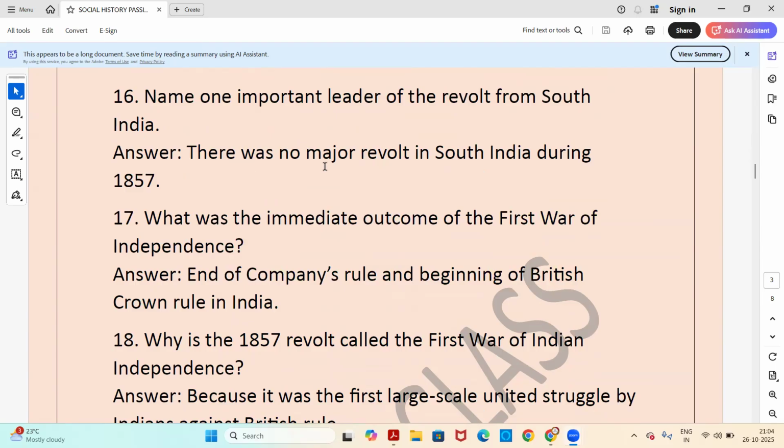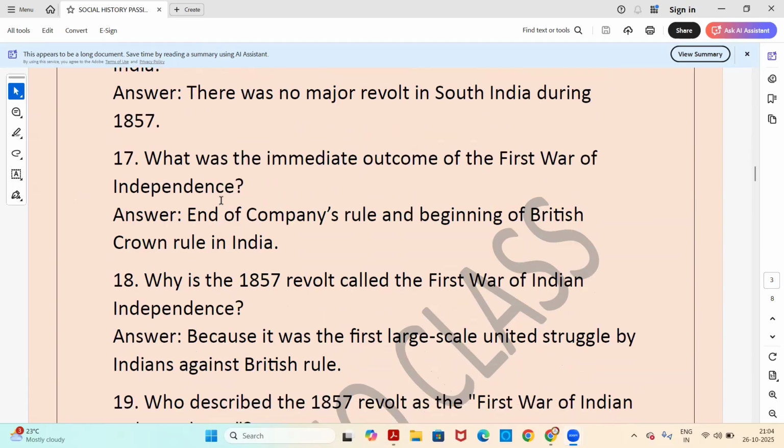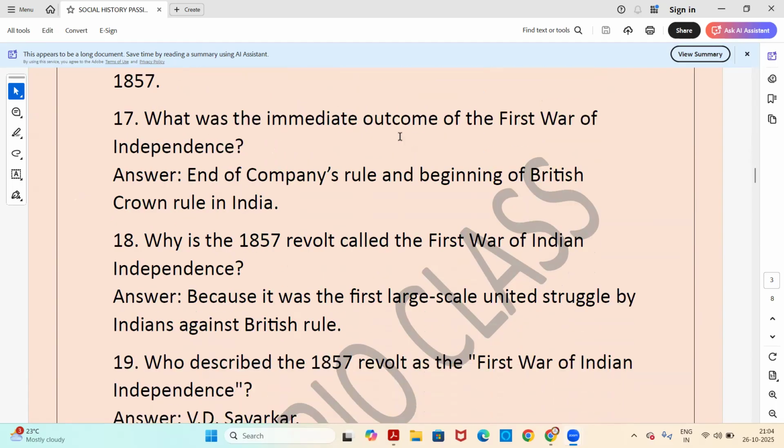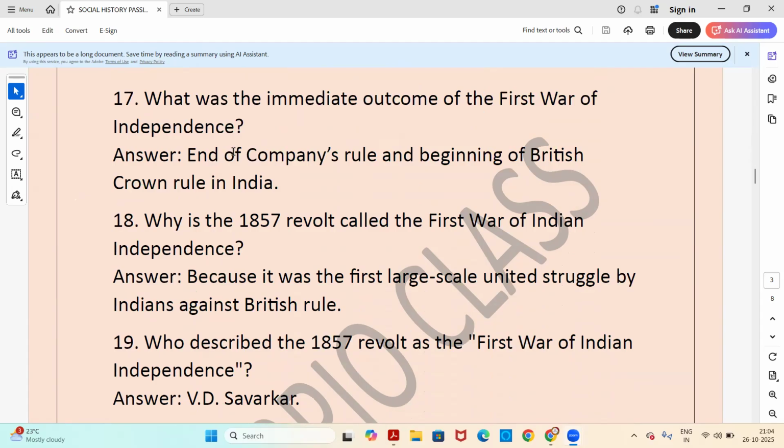Answer, there was no major revolt in South India during 1857. Next, what was the immediate outcome of the First War of Independence? Answer, end of the company's rule and beginning of the British Crown rule in India.